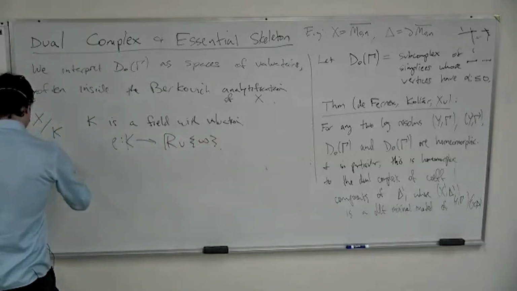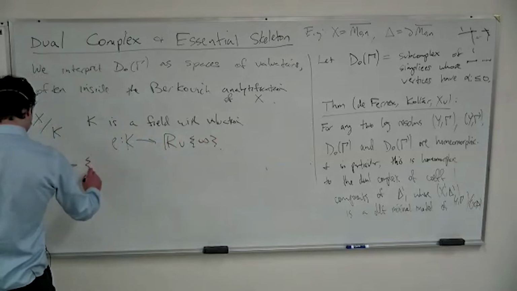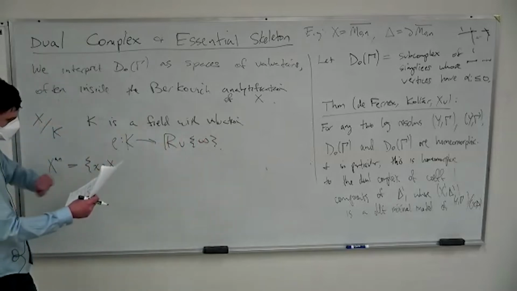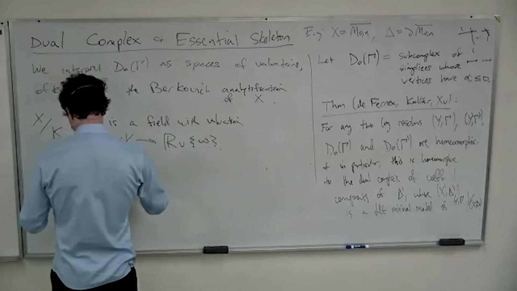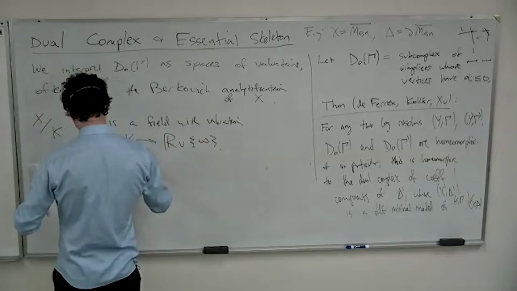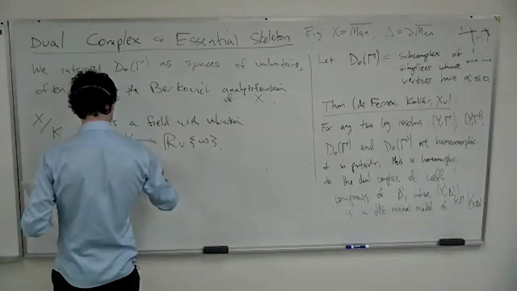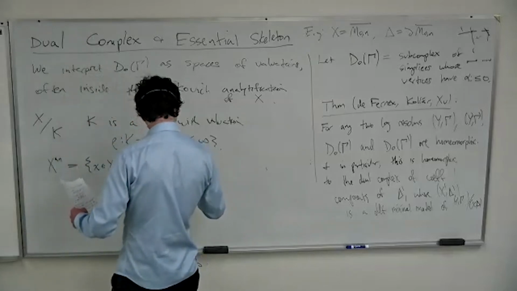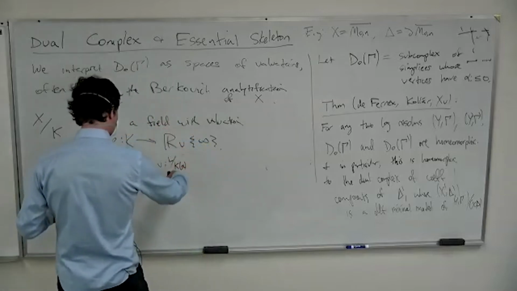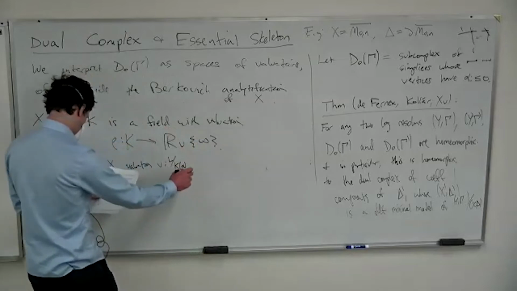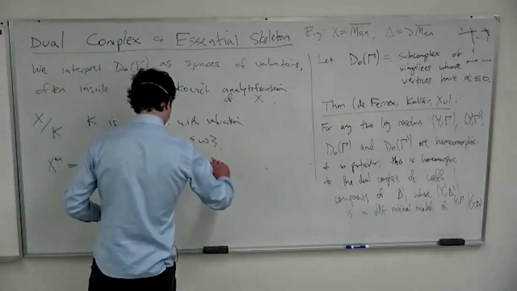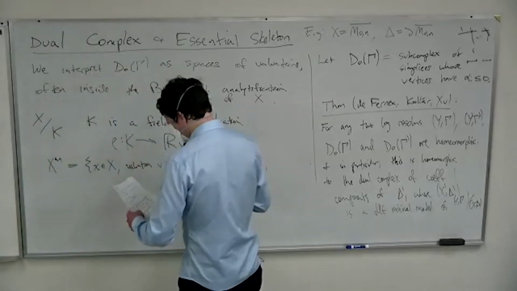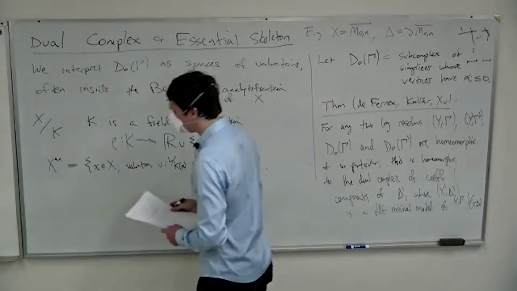And then each point in the analytification of such a variety over this field corresponds to a scheme theoretic point of X. And then you take a valuation on an extension of the residue field at that point, and you want it to extend the valuation that we fixed on the base field, and then you mod out by some equivalence.